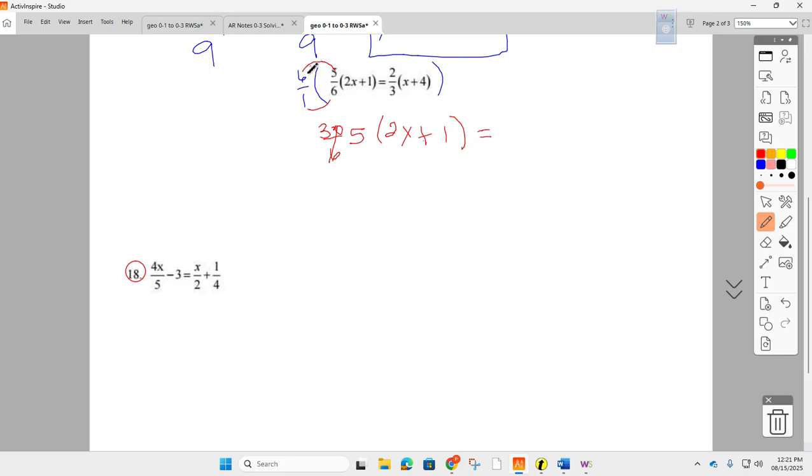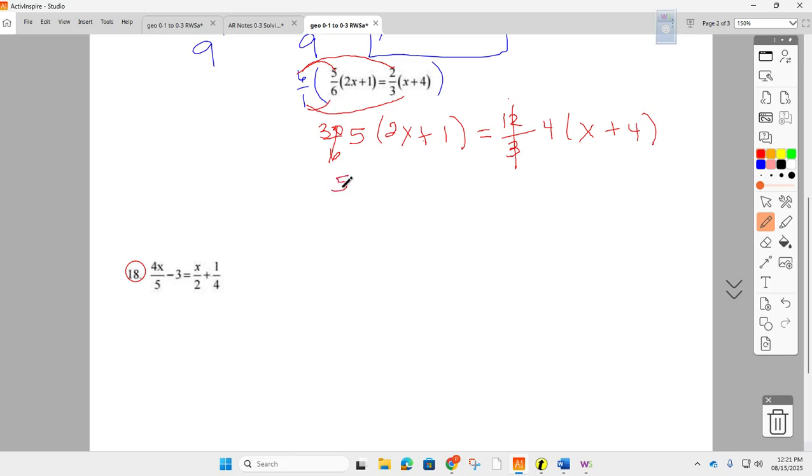And now we need to multiply the 6 by this fraction. 6 times 2 is 12, so top times top over bottom times bottom. The whole idea is for that fraction to go away, and it will, because 12 divided by 3 is 4, and I bring down the x plus 4.